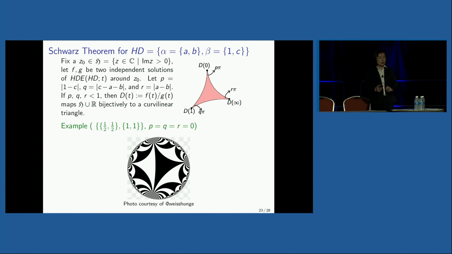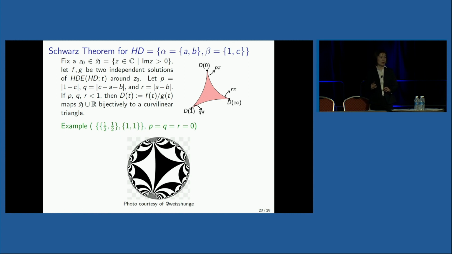And the ratio of these two, F and G, is called a Schwarz map. It will map the upper half plane, including the real line, into a triangle, which is colored in pink. And the three vertices will be the images of 0, 1, and infinity. And we also know the corresponding angles.